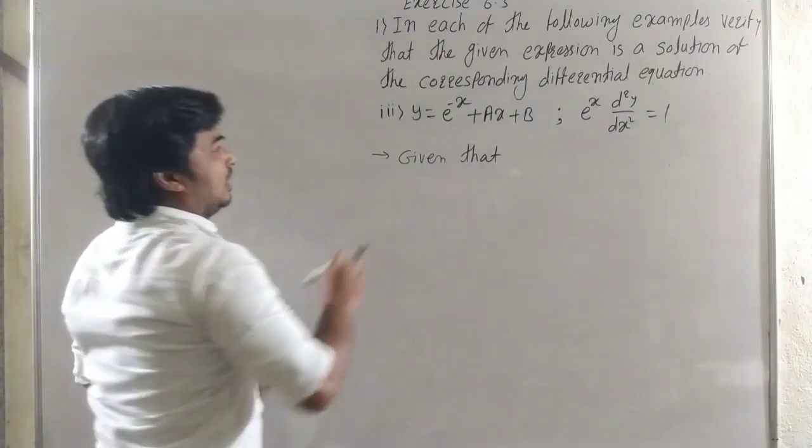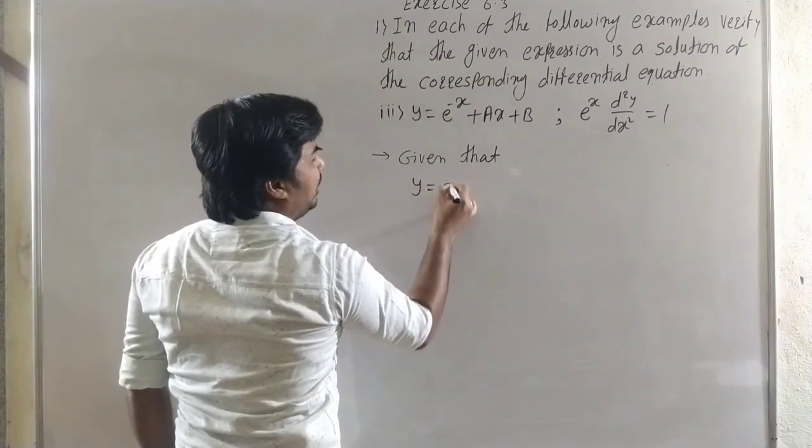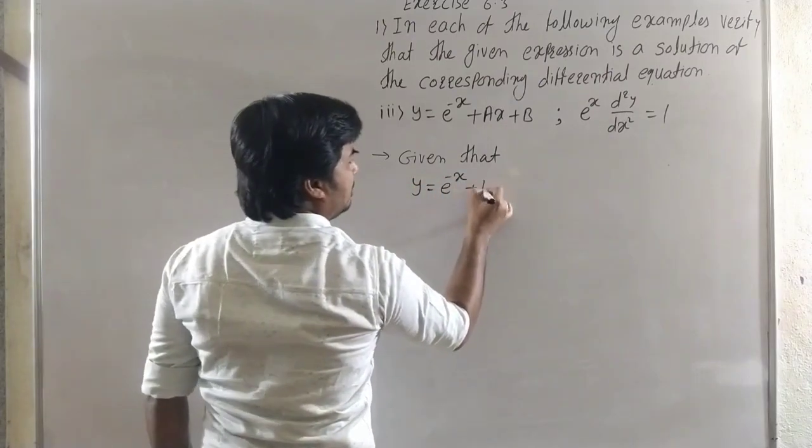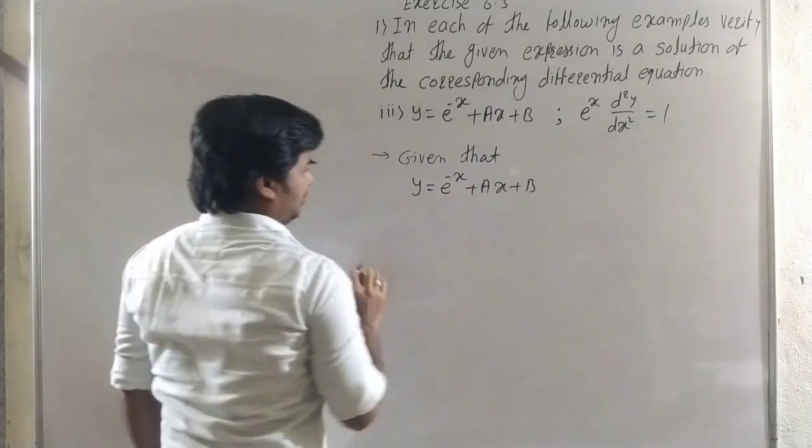Now here the given expression is y is equal to e to the power minus x plus ax plus b. Here are the two arbitrary constants.